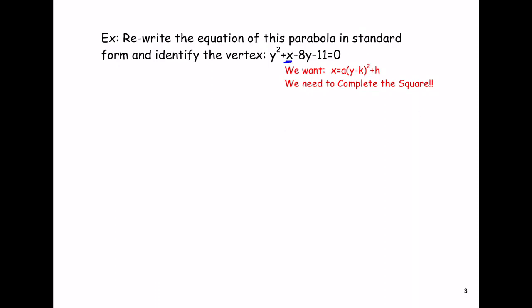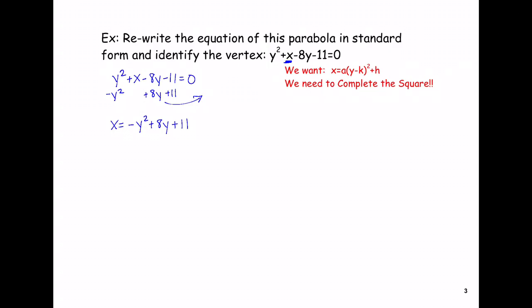So if we move our y terms by subtracting the y squared, adding 8y and adding 11 to the other side of our equation, we will get x is equal to negative y squared plus 8y plus 11.